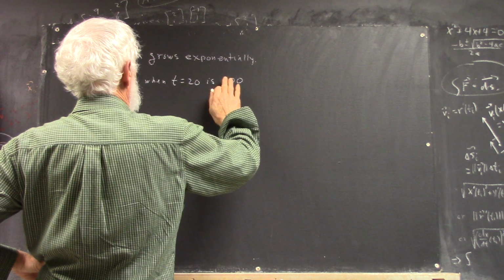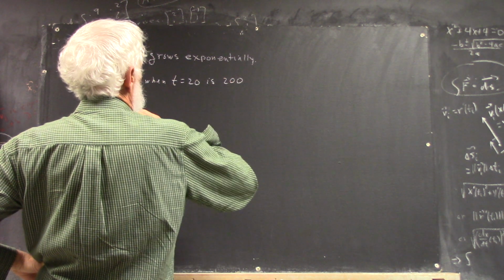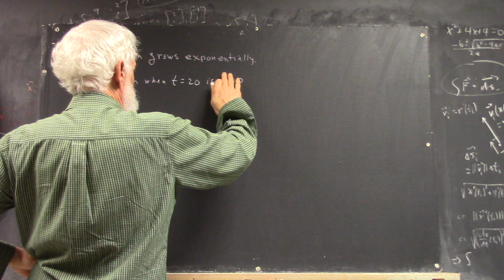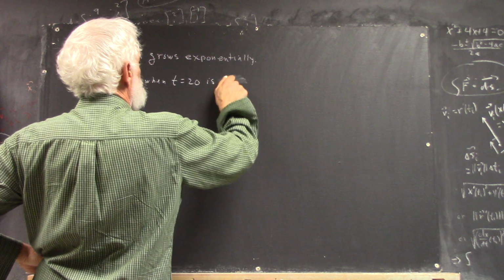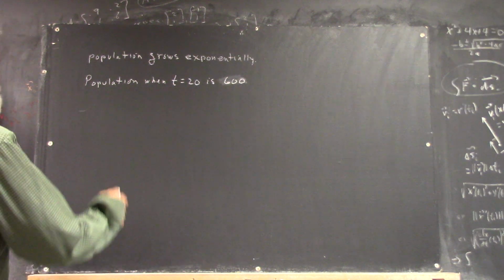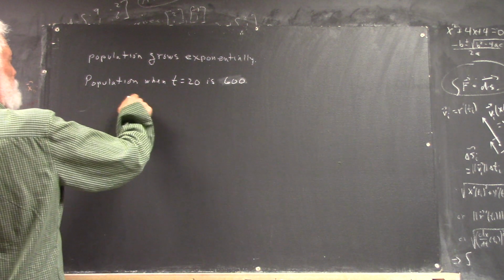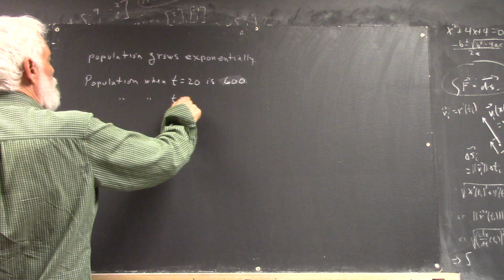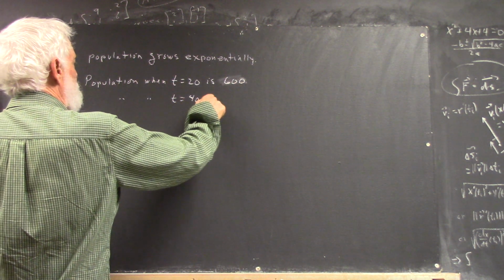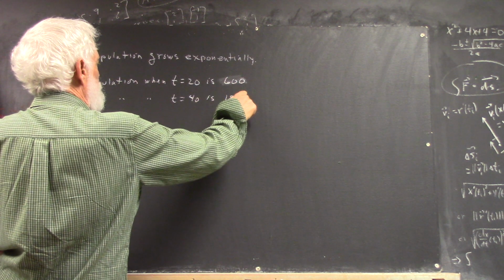I think it's 400. Doesn't matter. No, 600. Just trying to remember the numbers. Wouldn't matter. And population when t equals 40 is 1,500.